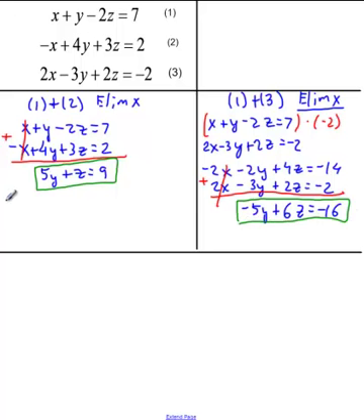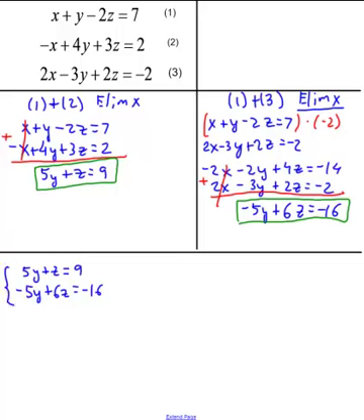Now, the last step tells us that we have to unite these two equations together and solve the system of these two equations. So, I'm going to copy down the equation 5y plus z equals 9, and the equation negative 5y plus 6z equals negative 16, and solve this system.